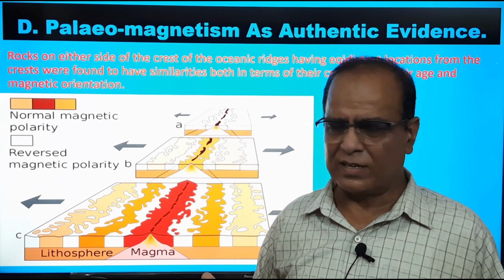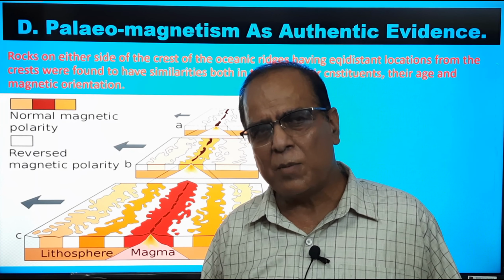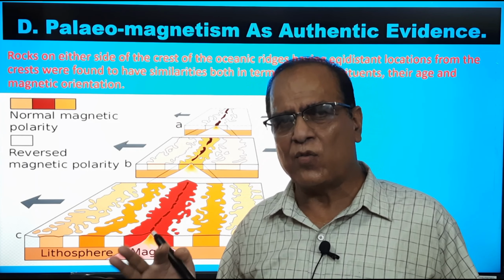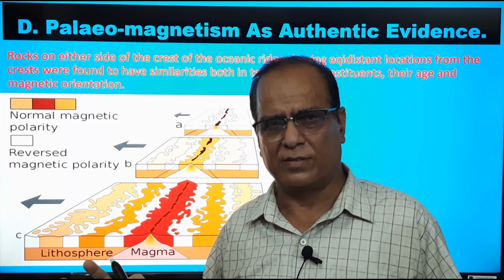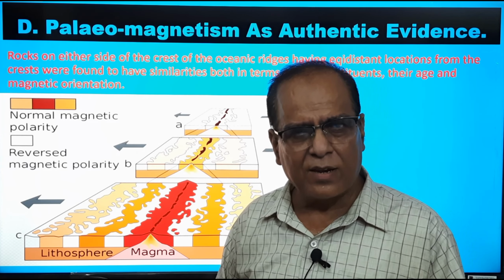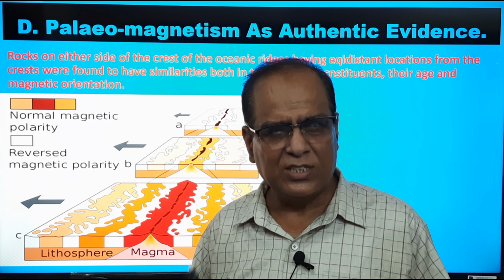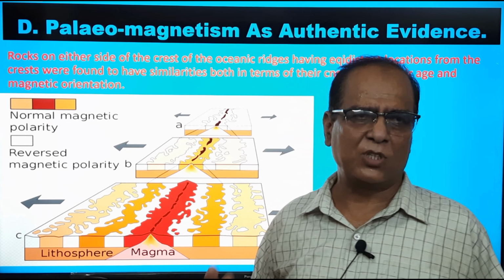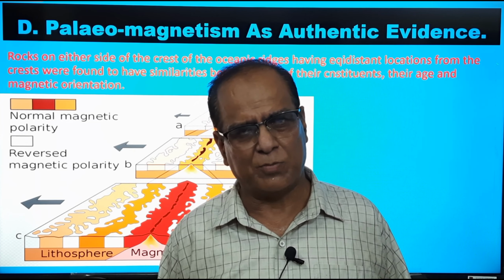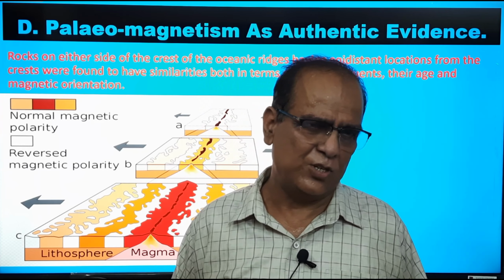This convinces us that obviously far away from the place of the upwelling of magma, the age of rock is quite older, and the place where magma is upwelling, there the age of material is quite newer. So this is it, and I will be covering something more about paleomagnetism, that being the great evidence of seafloor spreading, in the next video.